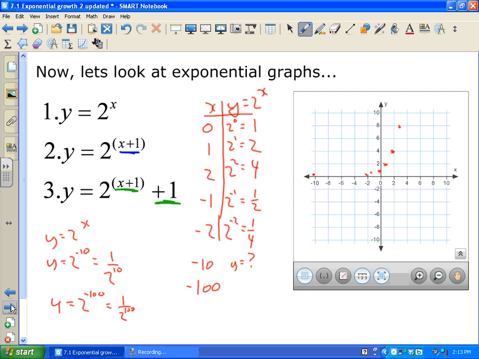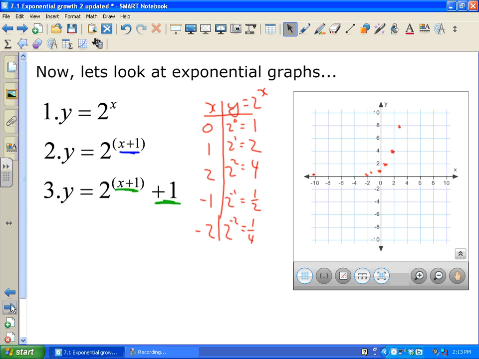As I keep putting in negative big numbers for x, I'm getting y values that are really, really small. But the catch is, and that's today's dirty word, I'm never going to get to 0. I'm always going to have a small fraction.